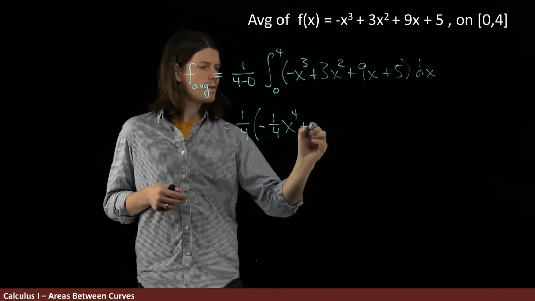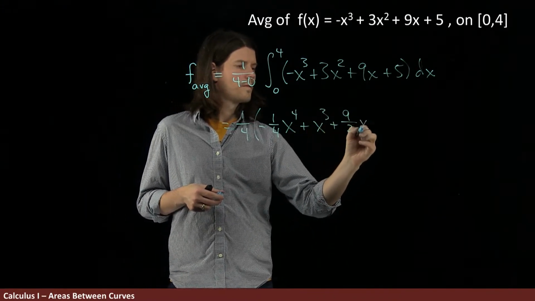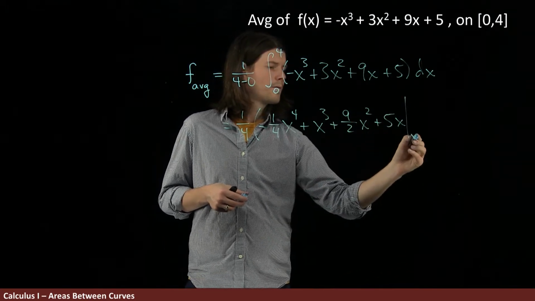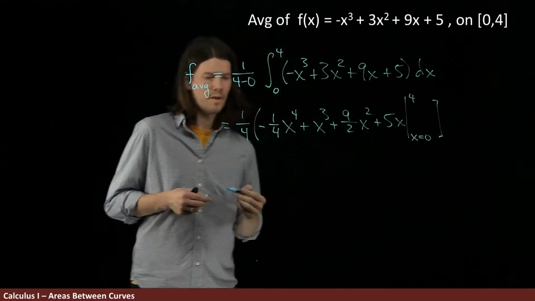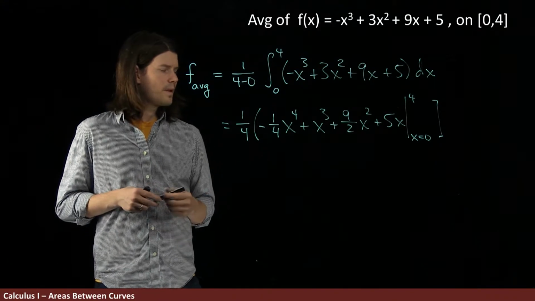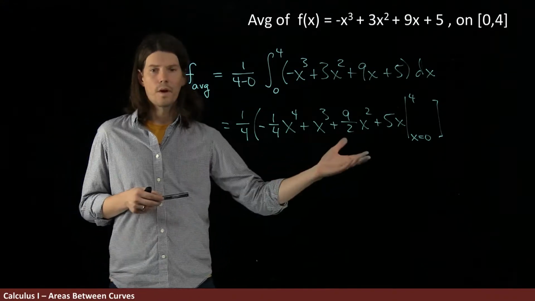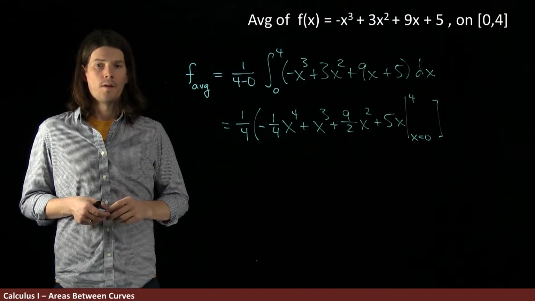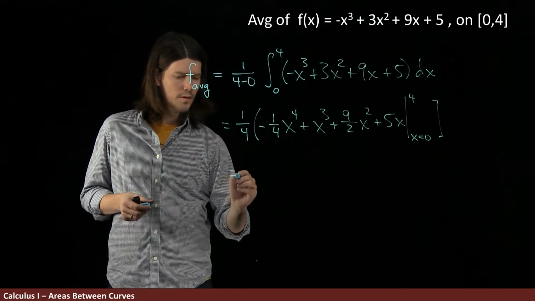Working through the integration. We have negative 1/4 x to the 4th plus x cubed plus 9/2 x squared plus 5x, and we're running from 0 to 4. So now we do the evaluation, evaluating at our upper limit of 4.